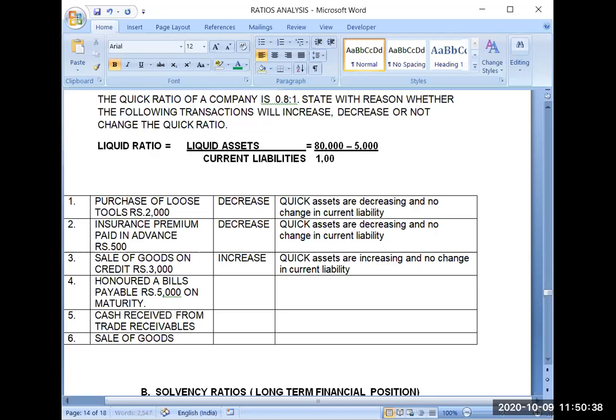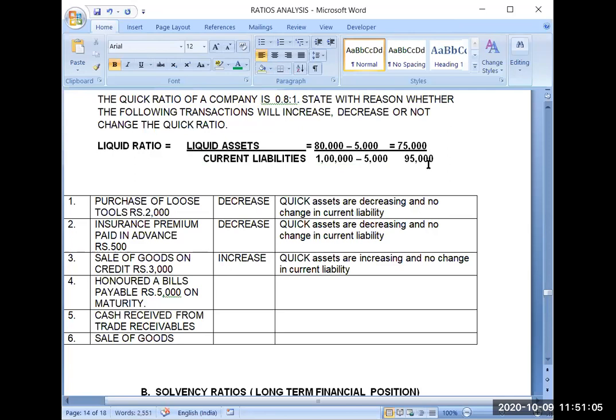My current liabilities will be 1 lakh then, and I have paid current liabilities of 5,000. So my current liabilities will also reduce. Now, if I calculate this, it will be 75,000 upon 95,000.